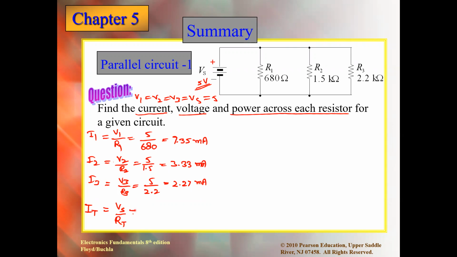So Vs is 5 and RT we calculated in the previous example, that was 386 ohm. That will come 12.95 milliampere. Clear? If you add all these currents, check it. Are you getting the same or not?